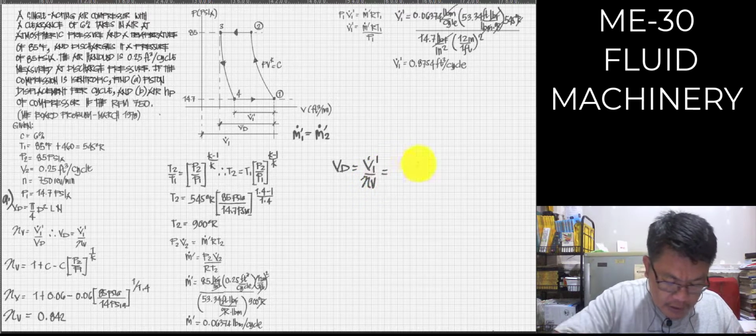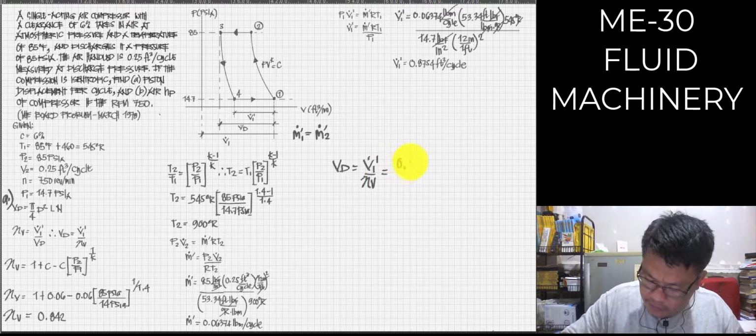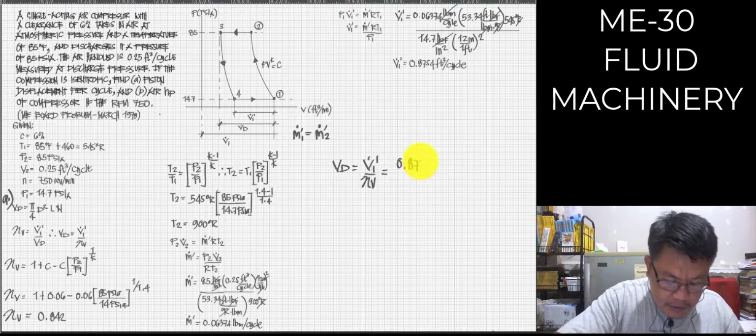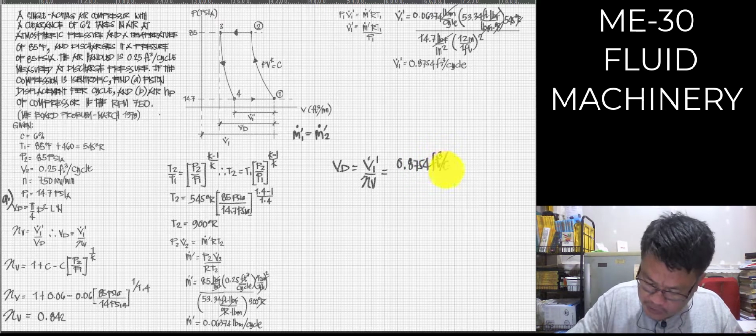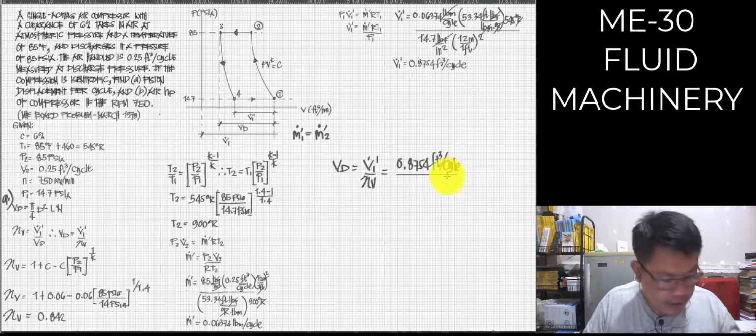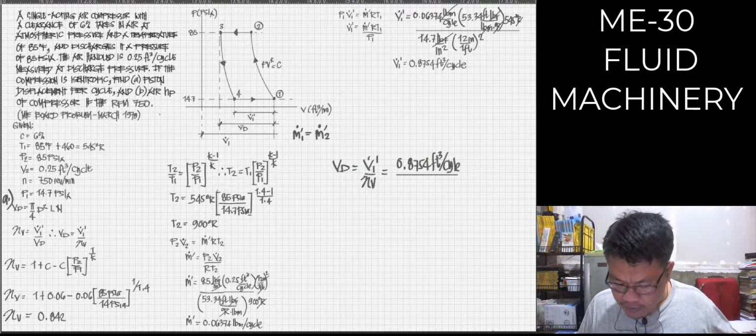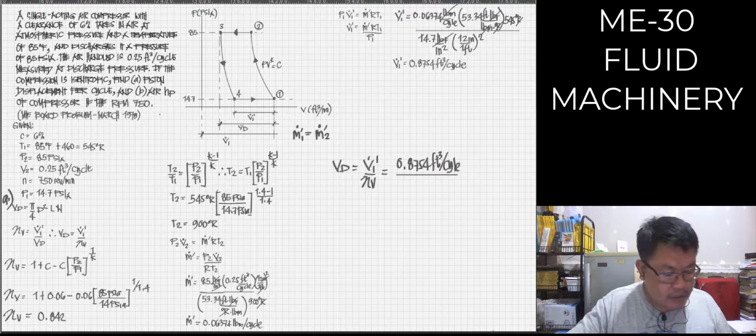Since we have here 0.8754, that will be cubic feet per cycle. Then I'm going to divide this by the volumetric efficiency, which is 0.842.